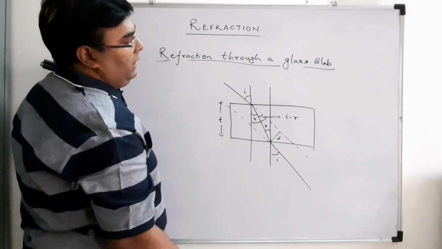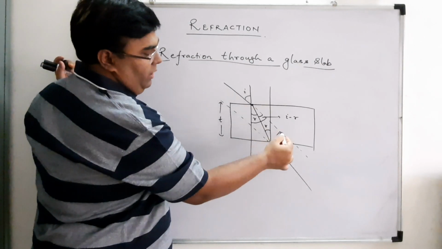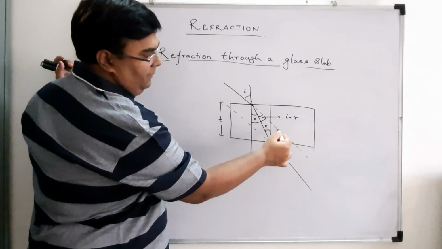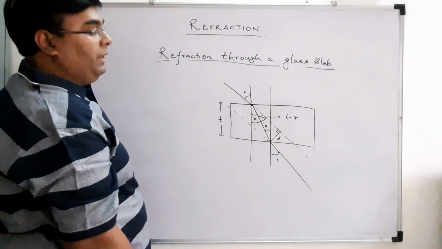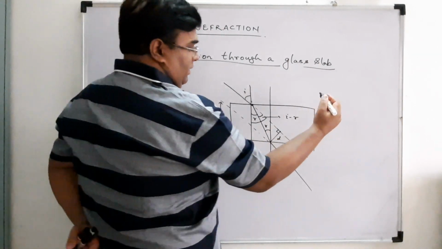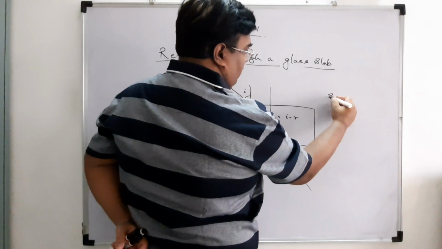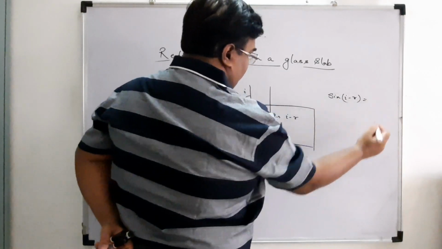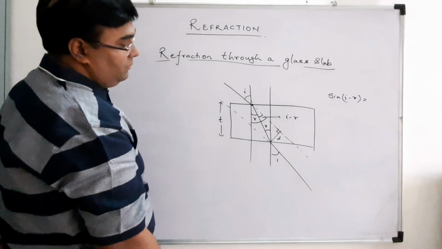Okay, now in this triangle, this point, this point, this point, this is my 90 degree. I am taking the perpendicular distance D. If I apply sine of I minus R, what is that?